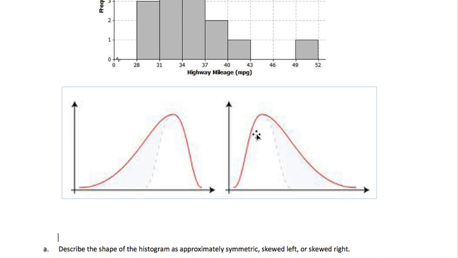And the graph to the right is skewed right because, again, there are values that are much further right than most of the data. So when we are talking about a skew, the skew is in relationship to the values that are out of the way or further away from center.